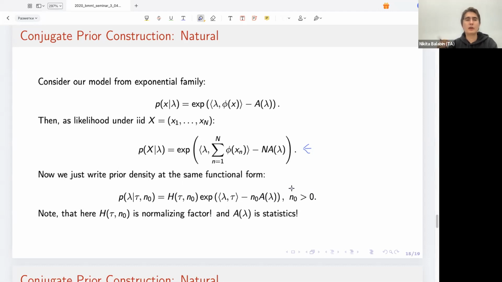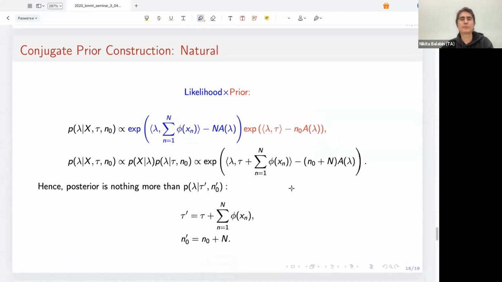We use this form because it will help us achieve good properties. It is our choice to choose such a prior. It is not a rule, but if we choose such a prior, it will be convenient for us. So now we will prove that with such a general form, the properties will hold.